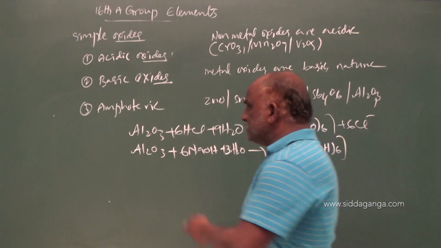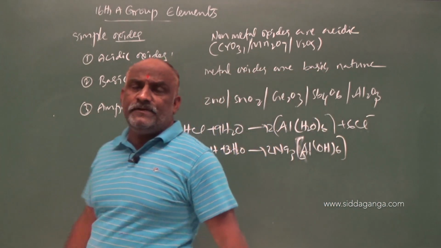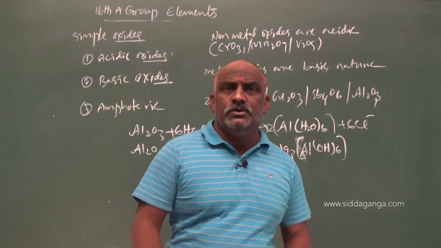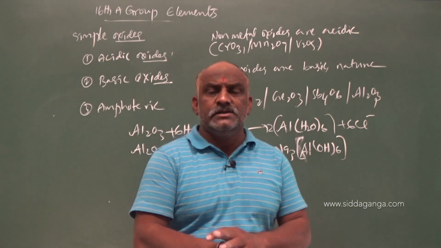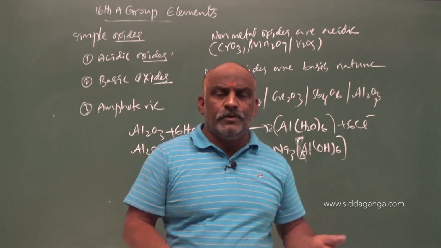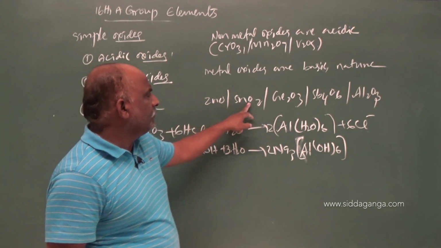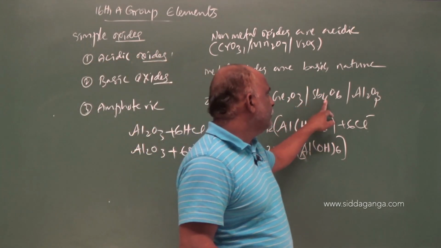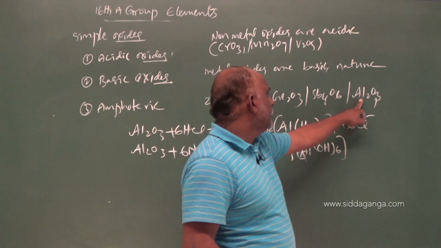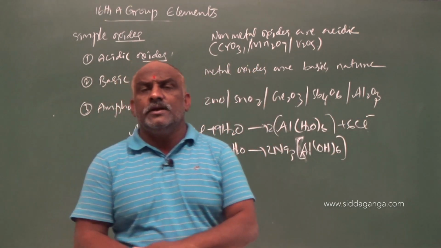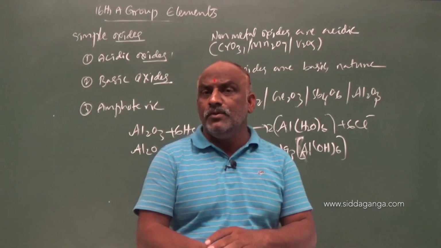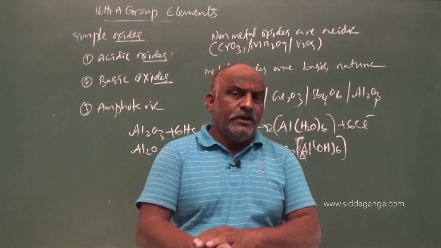Make a note. So it is amphoteric in nature, meaning it has both acidic property as well as basic property. Such oxides are called amphoteric: ZnO, SnO2, Ge2O3, Sb4O6, Al2O3. These are all collectively called amphoteric, and BeO, beryllium oxide, is also amphoteric in nature.